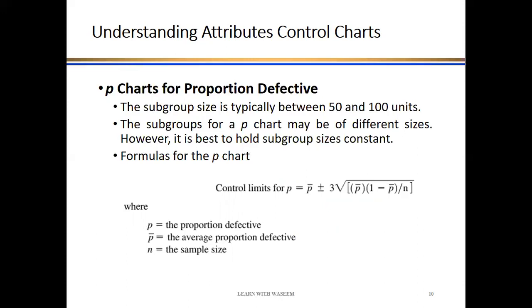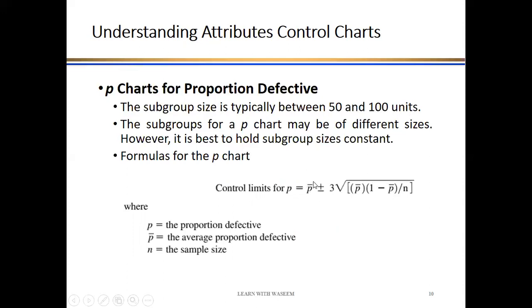The formula for the P chart is presented on the screen. The control limits for P are equal to P bar plus or minus 3 times the square root of P bar times 1 minus P bar divided by n.